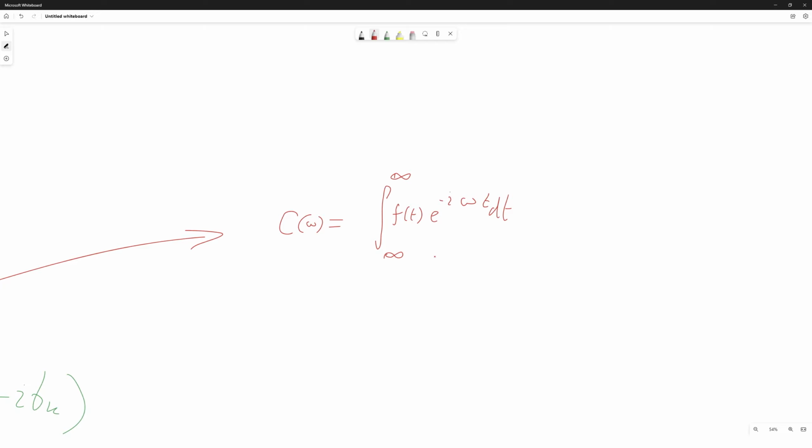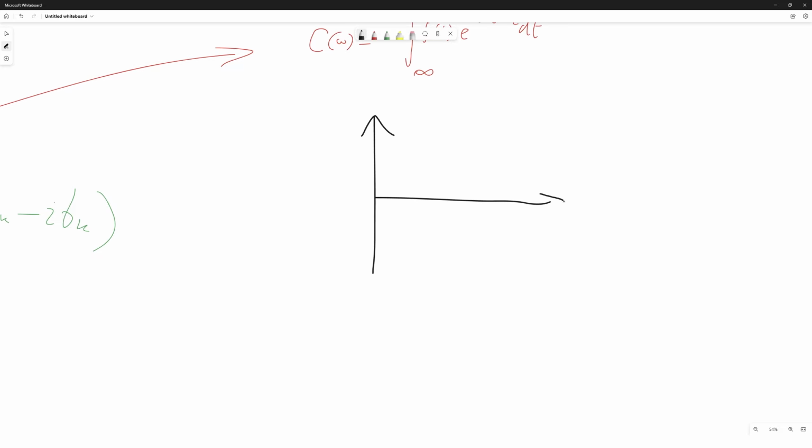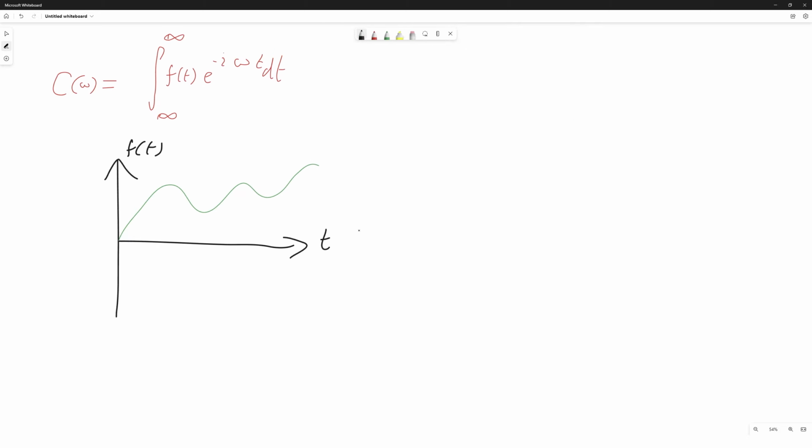And changing this out, now what we have is, if we have a function here, t, and we have f of t, and we plot it, let's say it looks something like this, I don't know. And then we also plot another graph, which is c of omega with respect to omega.